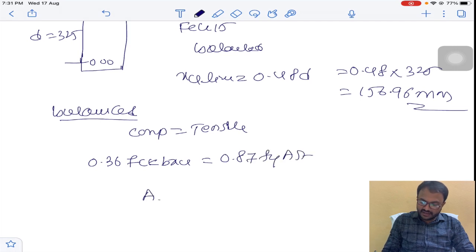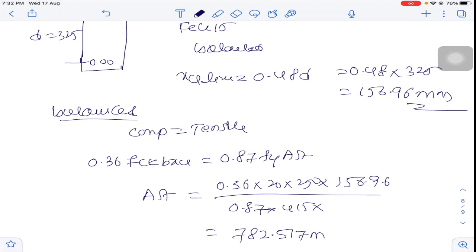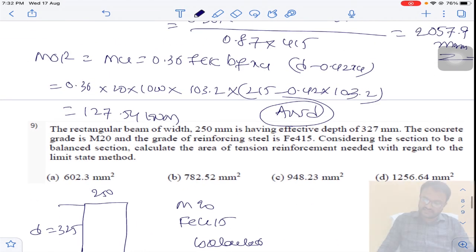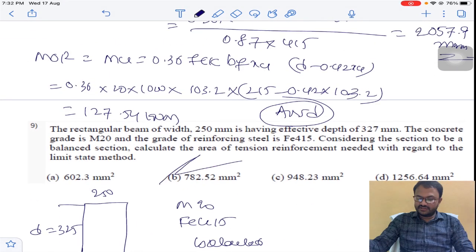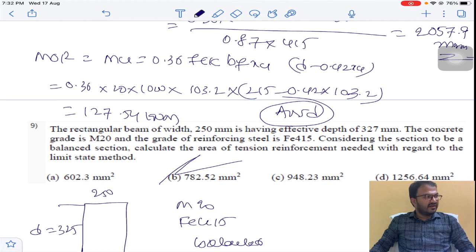What we want to calculate here, AST is equal to 0.36 into 20 into 250 into 156.96 divided by 0.87 into 415. Clear? So you will get 782.517 mm square. So the answer for this question is option B for question number 9. Okay.